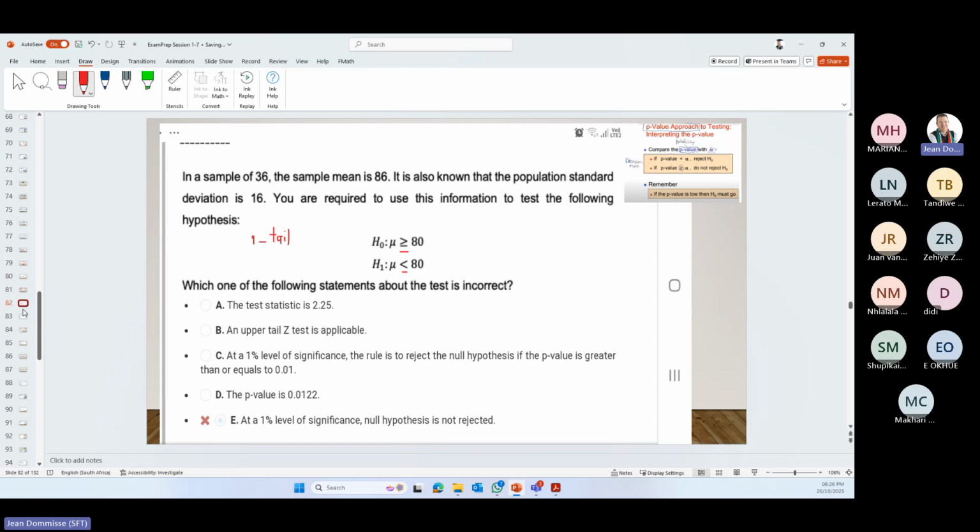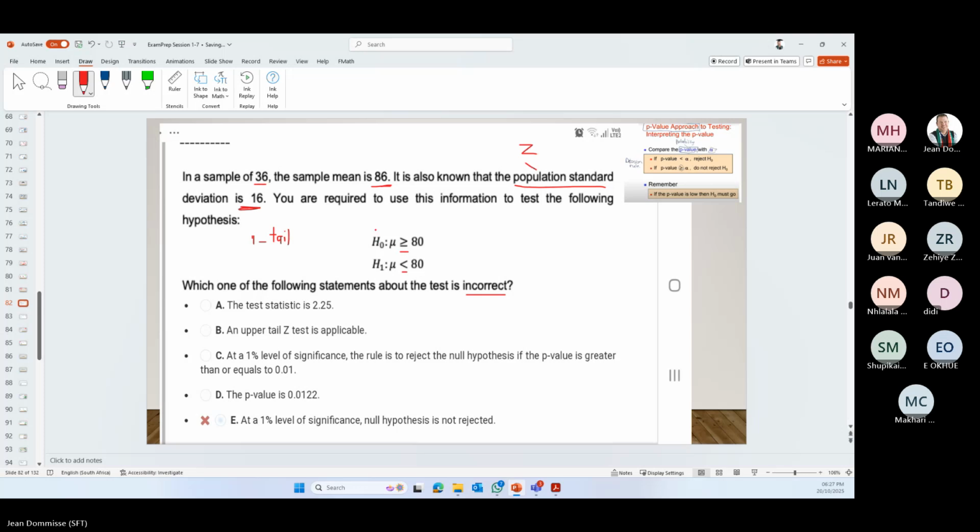Okay, so let's look at a question like this. In a sample of 36, the sample mean is 86. It is also known that the population standard deviation is 16. So that tells me we are working with a Z. You are required to use the information to test the following hypothesis, and they ask which one is incorrect.